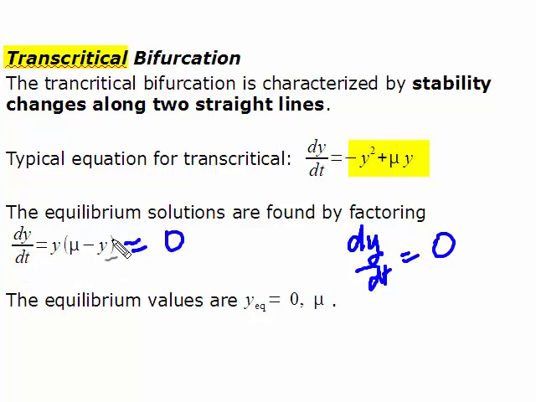So you can just factor this equation and you'll find the two equilibrium values. One is y equilibrium equals 0, and the other is equal to the parameter. This y equilibrium equals 0 occurs at all values of the parameter, so that's a straight horizontal line. And y equilibrium equal to the parameter is another straight line. It's just a line with a slope of mu.